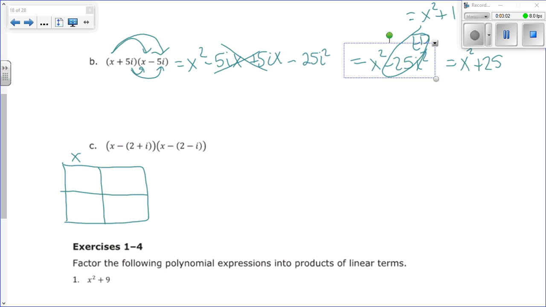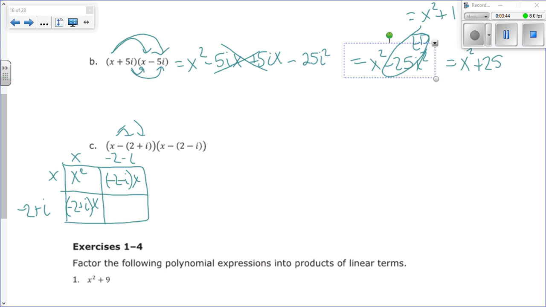This would be -2 minus i, because I distributed the negative inside there. And then this would be x, and it would be -2 plus i. So here I'm going to have x squared. We're going to have -2 minus i times x. And here I'm going to have -2 plus i times x. And here I'm actually going to have to do a box within a box.